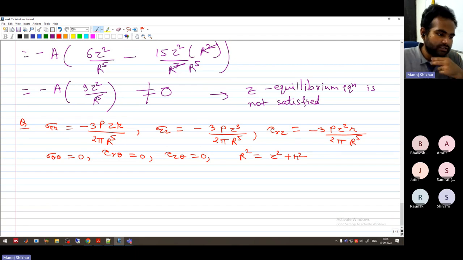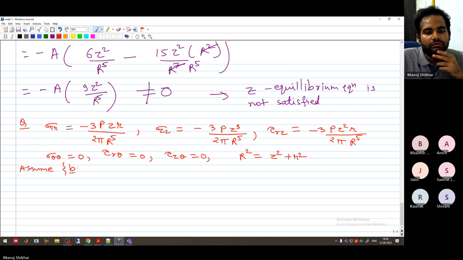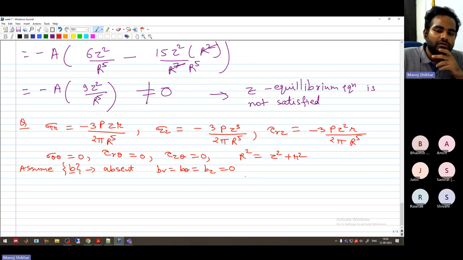And they're telling you to assume body force is absent. Okay. This means BR equal to B theta equal to BZ equal to 0. And they're also telling that the body is in a non-accelerating condition.